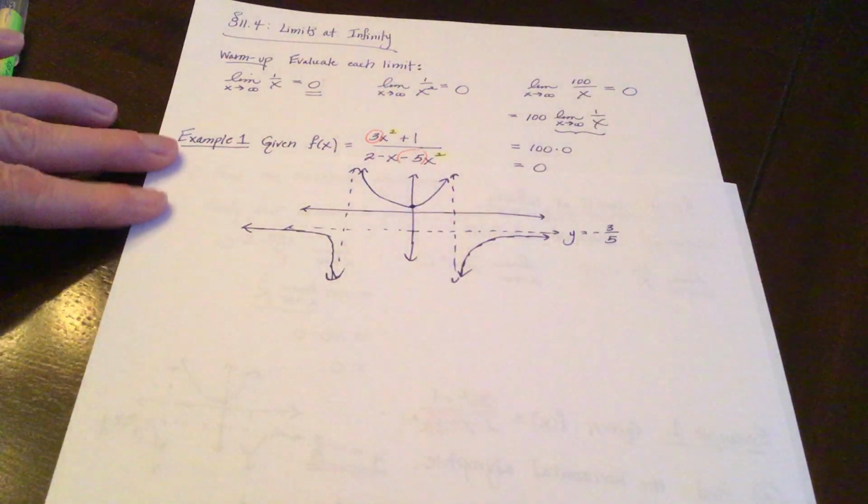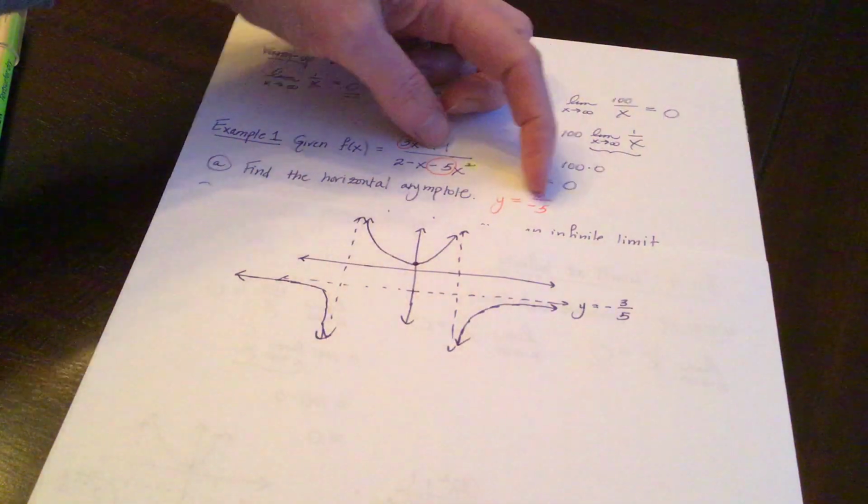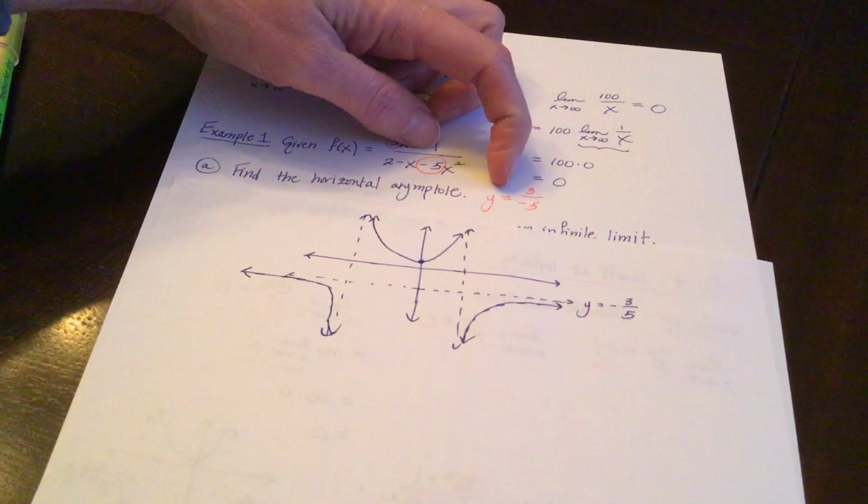Now, all I really want to look at here is the significance of this being your horizontal asymptote.